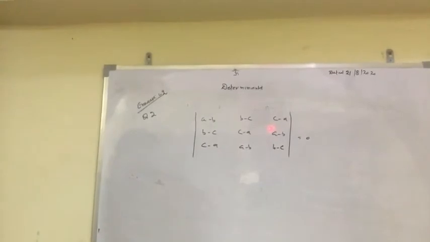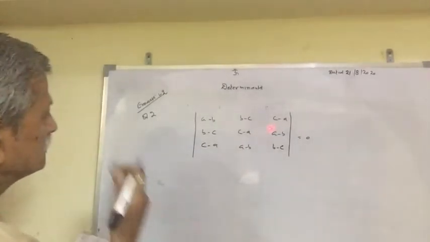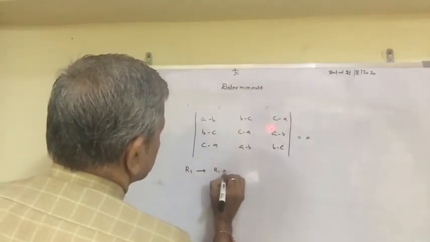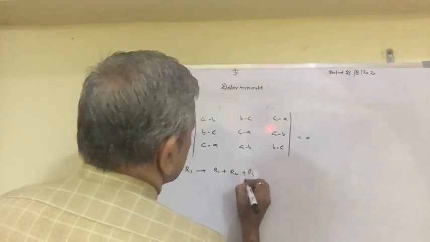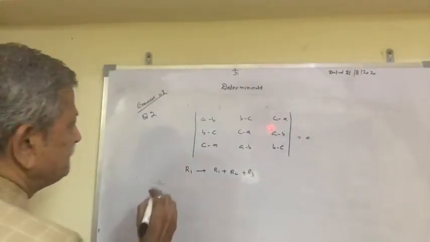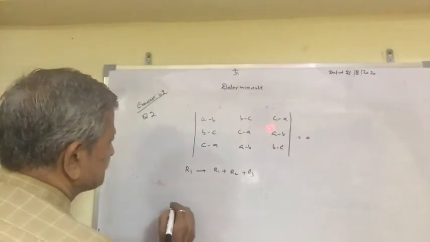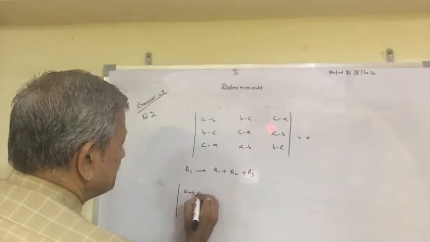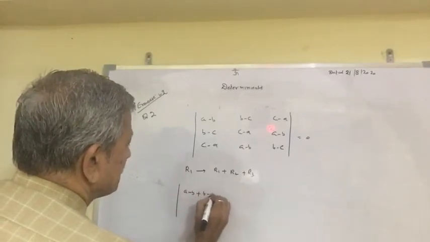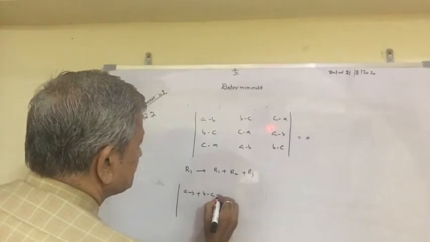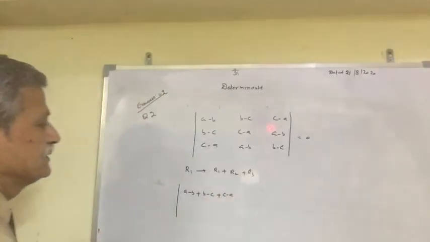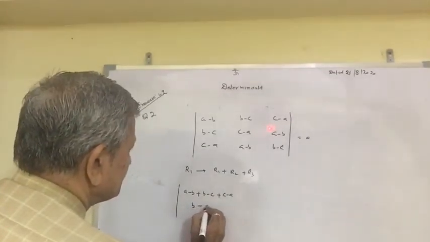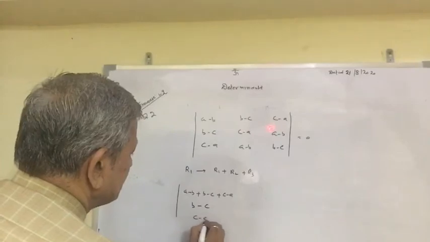Let us suppose we try the operation R1 goes to R1 plus R2 plus R3. Now see what happens. We get a minus b plus b minus c plus c minus a. This is your R1. Then we keep b minus c as it is, c minus a as it is.